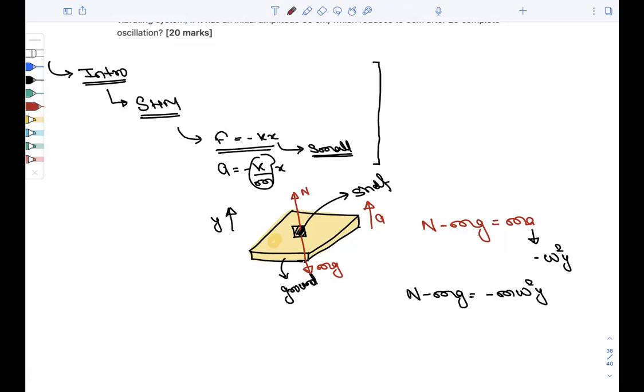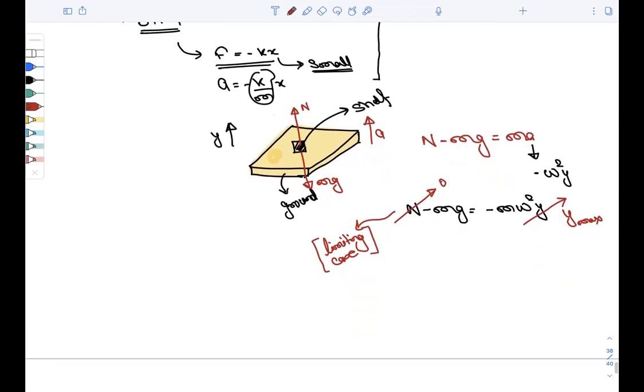Now let's say y tends to y maximum, when this is its maximum amplitude. There will be the limiting case of the normal reaction when it tends to 0. It will just leave the surface, or try to just leave the surface.